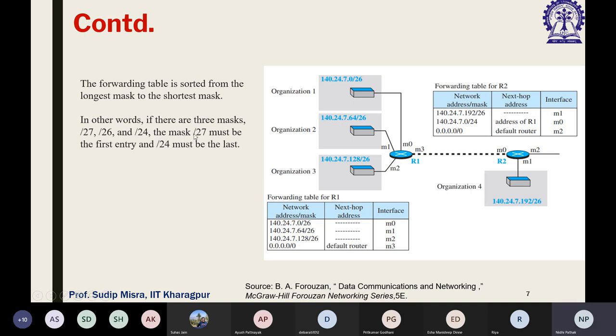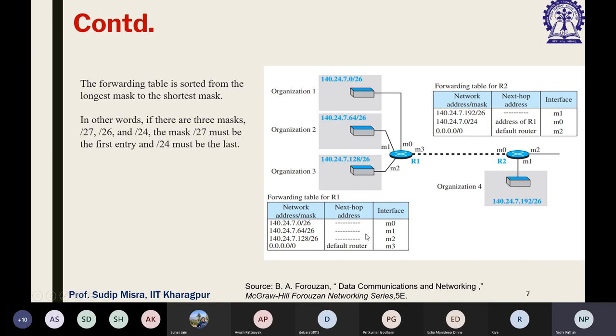The sorting will be like this: the first entry is going to have the mask /27, followed by the other ones and /24. So look over here: the first one is /26, followed by /24. For R2 the routing table will look like this, and for R1 the routing table will look like this.